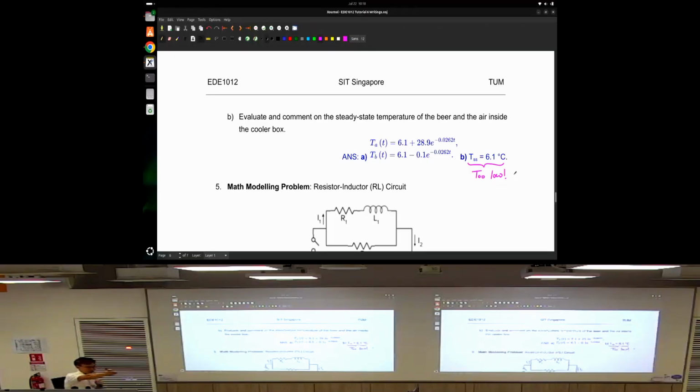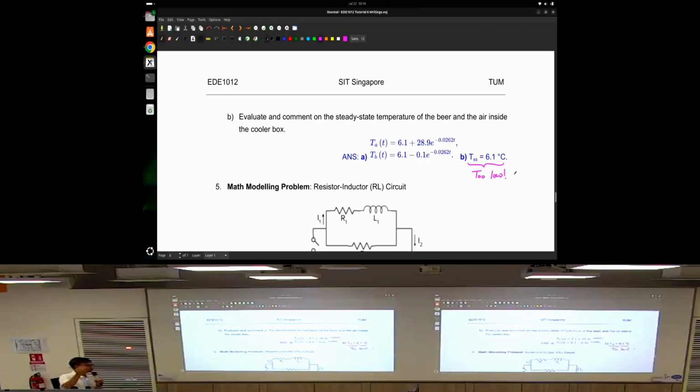Naya has a valid point. That is right. In real life, the cooler box is not that well insulated, because we are assuming perfect insulation here between the cooler box and the surroundings. In reality, there's no such thing as perfect insulation.